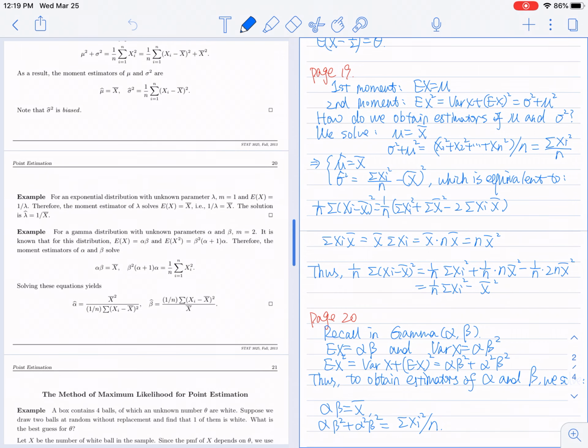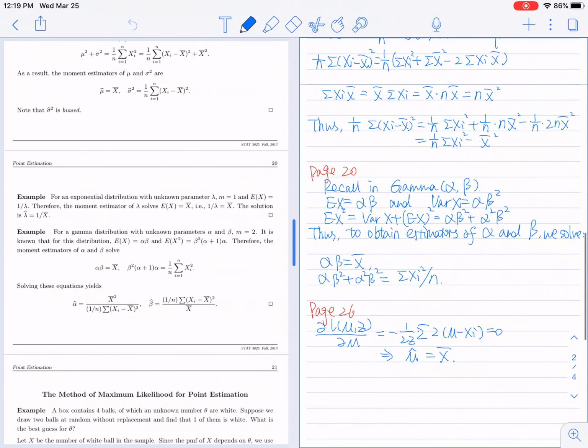There is another example for gamma. Recall that in the gamma distribution, we have the expected value equal to alpha times beta, and the variance of a gamma random variable is equal to alpha times beta squared. So we can derive that the expected value of x squared will be equal to alpha beta squared plus alpha squared beta squared.